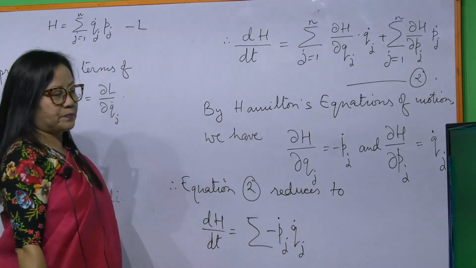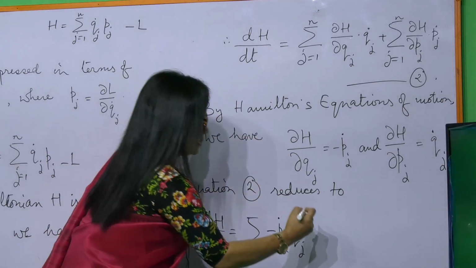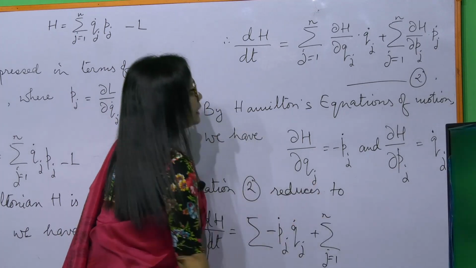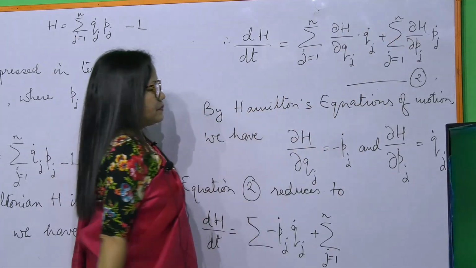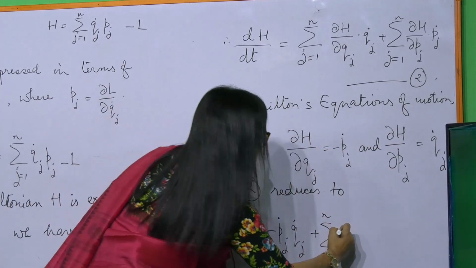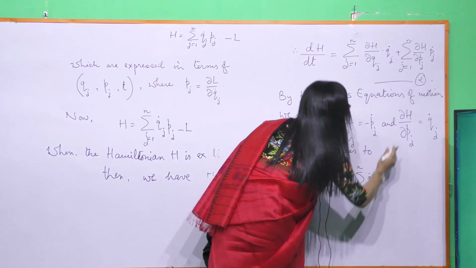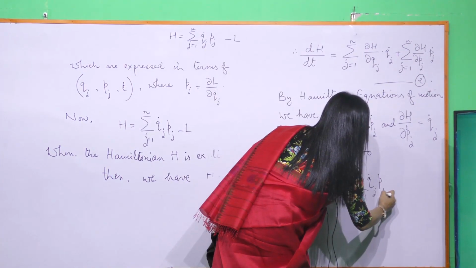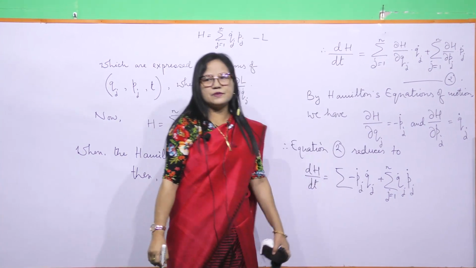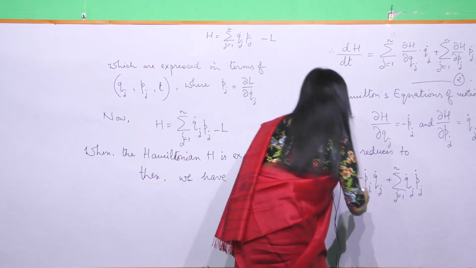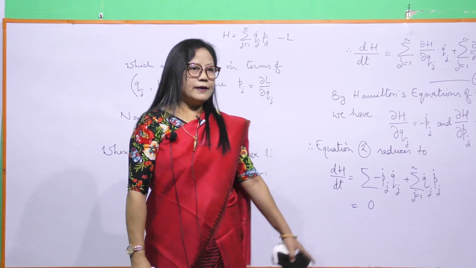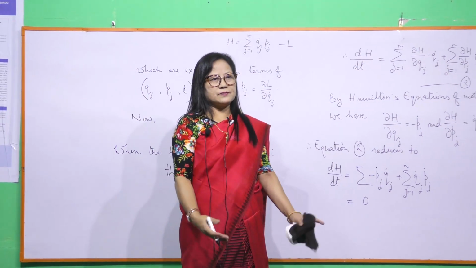Then for the second summation again, j ranging from 1 to n, instead of del H by del pj, by using Hamilton's equation of motion, we write qj dot and then we have pj dot. Here the first summation and the second summation get cancelled, therefore the value of dH by dt is equal to 0.